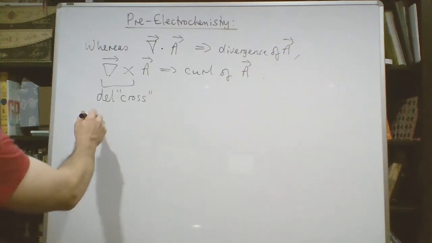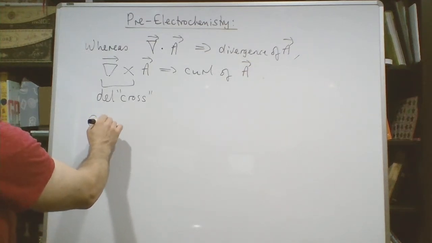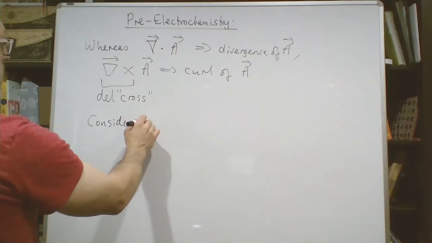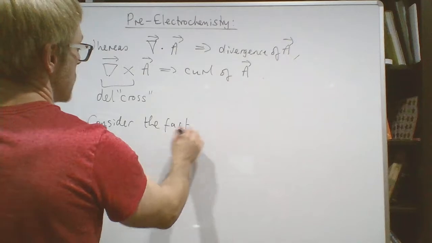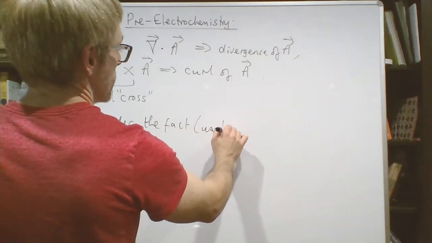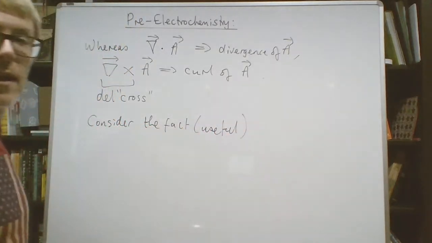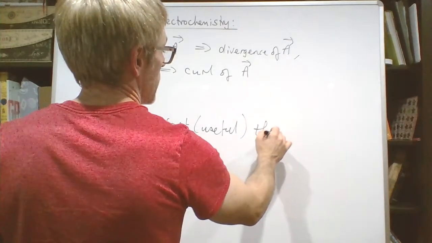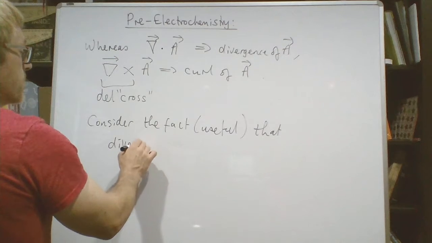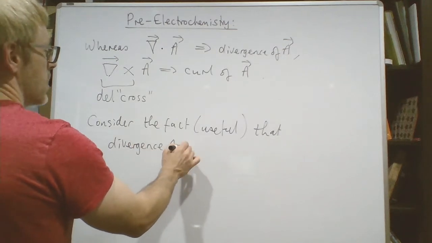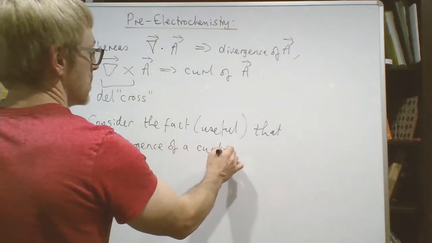So we're now going to consider the fact, and it's definitely a useful fact in electrochem, that the divergence of a curl is 0.